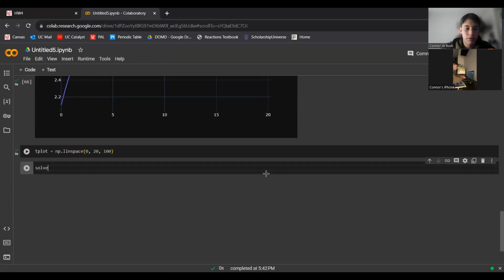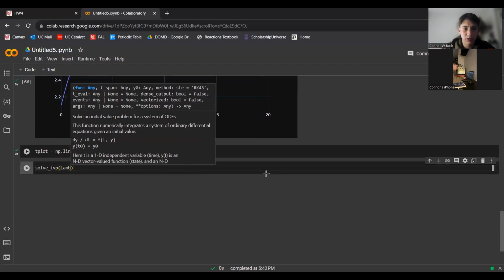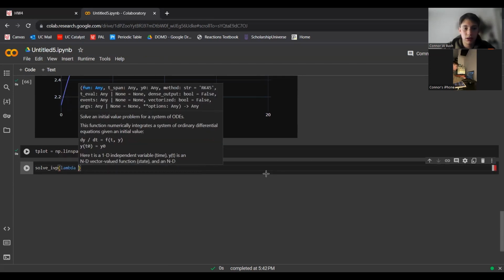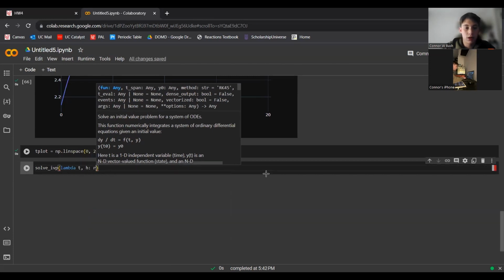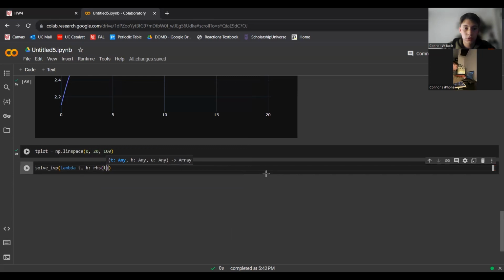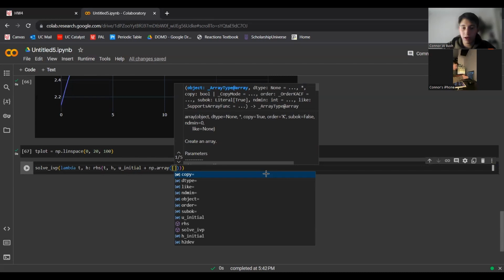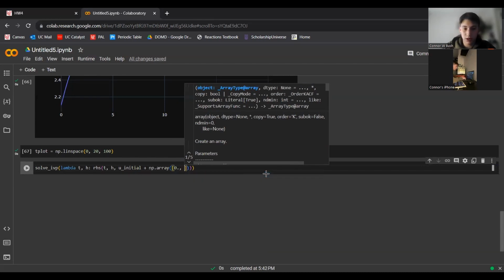So to do solve IVP, we're going to call the lambda function again, and the anonymous variables in this case are going to be time and height. We're going to call the right-hand side function, so we're going to leave t alone, h alone, and then u initial. However, we're going to add 1 to the U3 value because that will represent the step response.